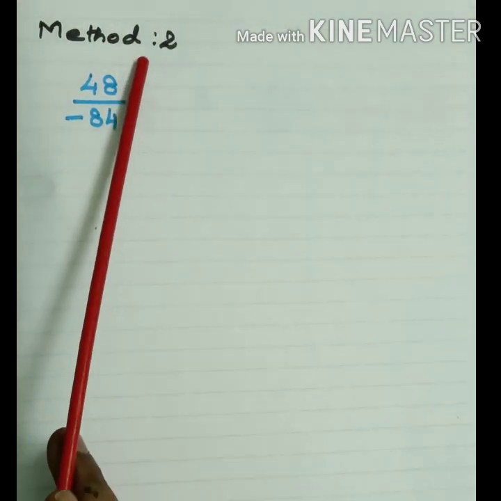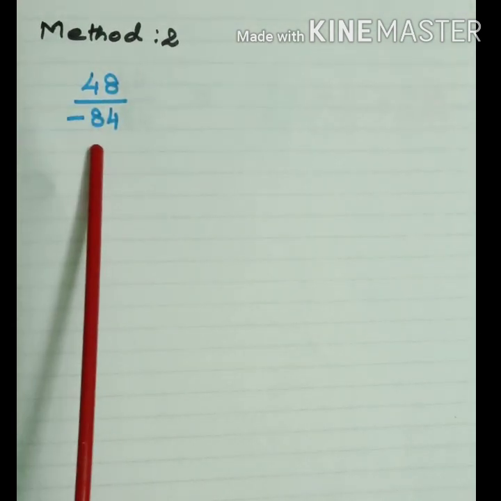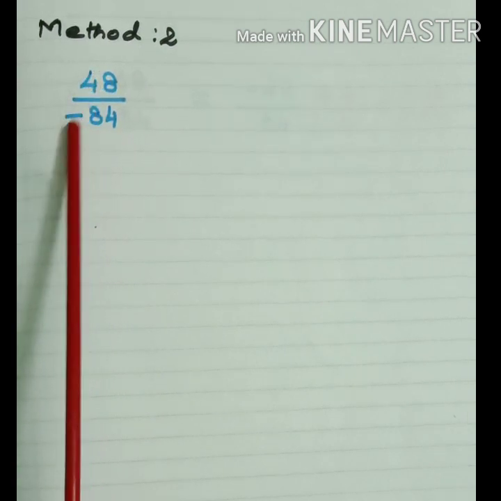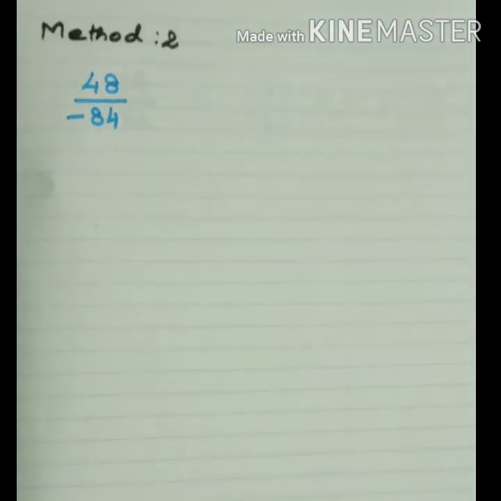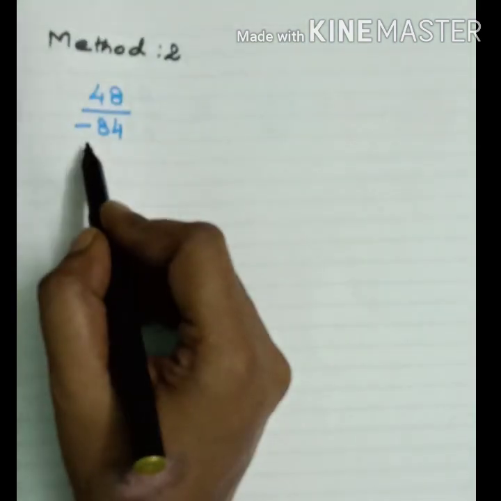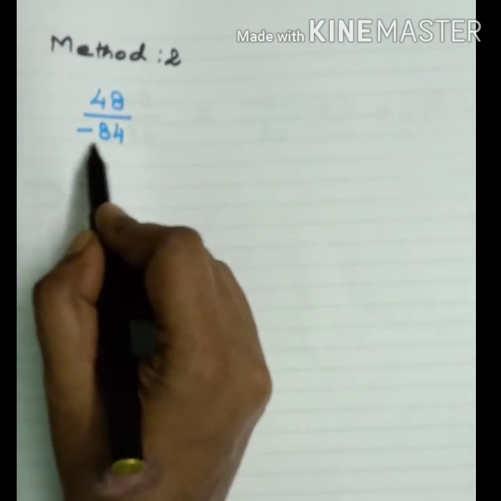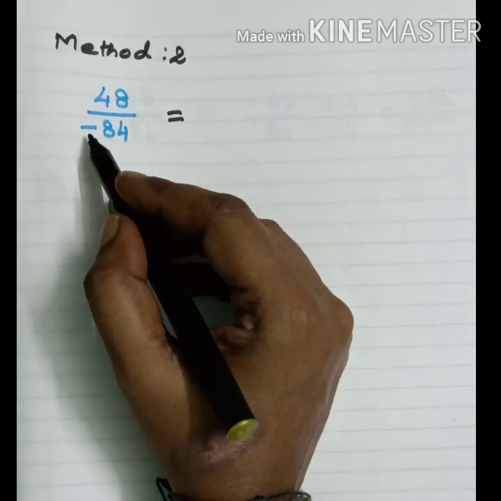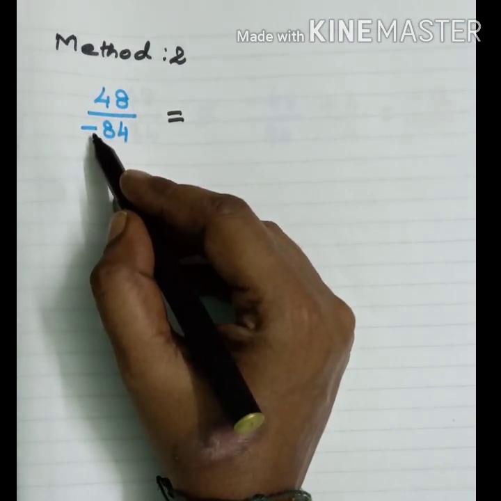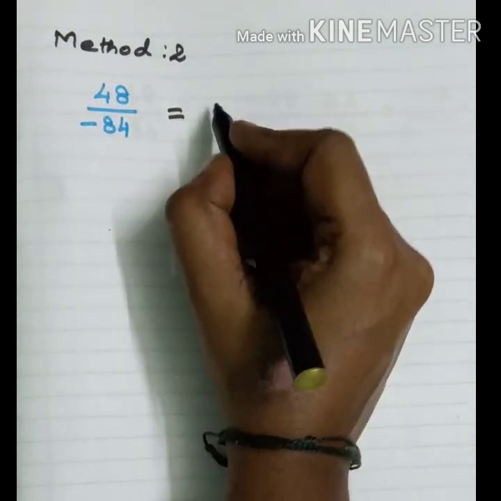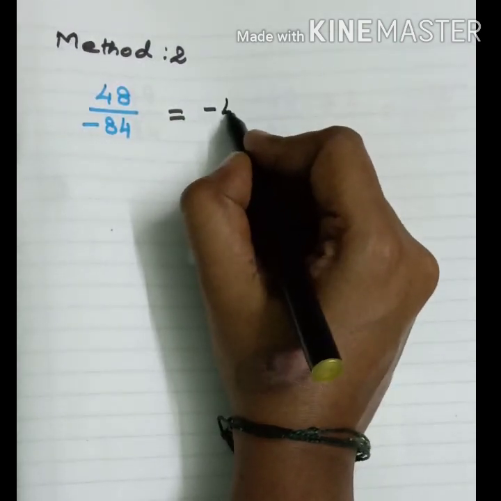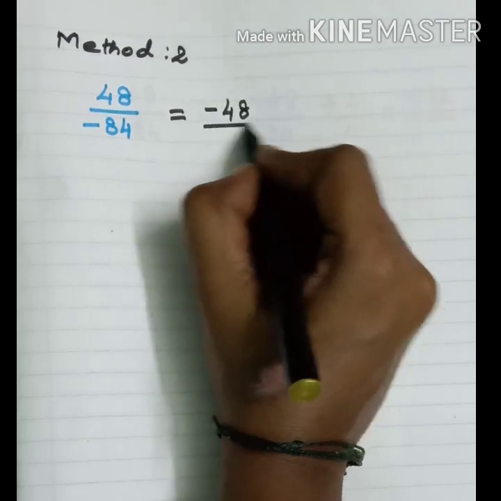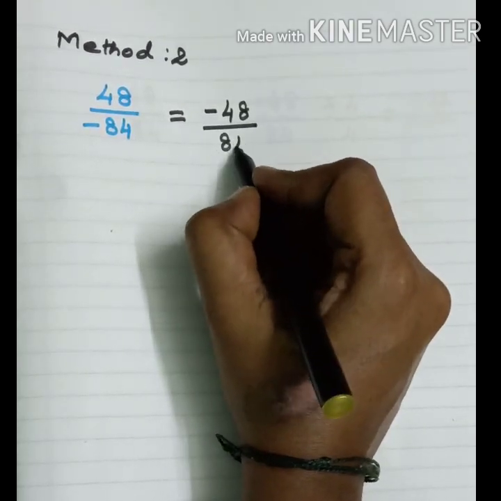Here, the given sum is 48 by minus 84. See, here the denominator is a negative integer. So, we have to take this negative sign to the numerator, that is minus 48 by 84.